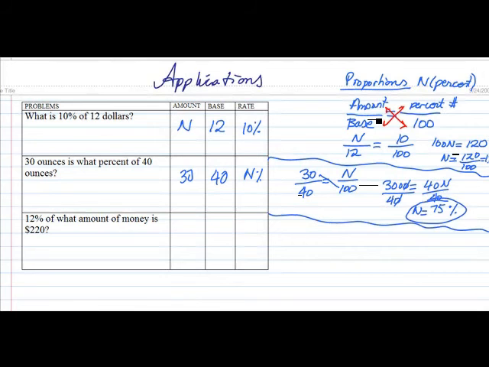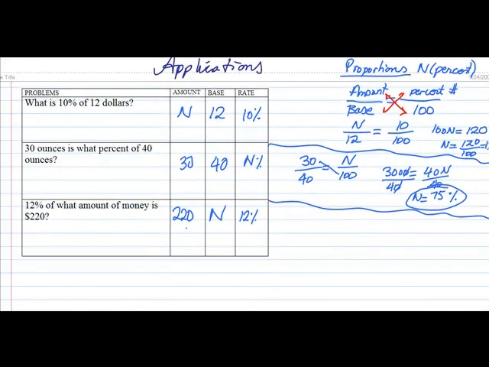Let's do the last problem. 12% of what amount of money is 2.20? I'm given the percent, 12% of what amount of money. That means I don't know the base. I know the amount, 2.20. So amount over base: 2.20 over base equals the percent number, which is 12 over 100.